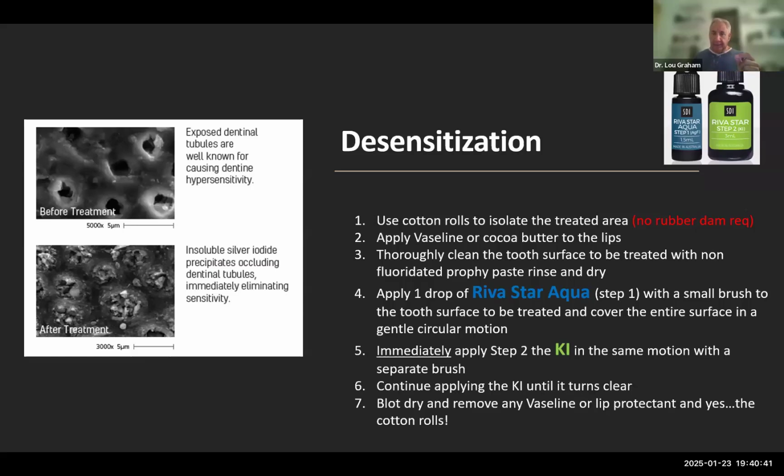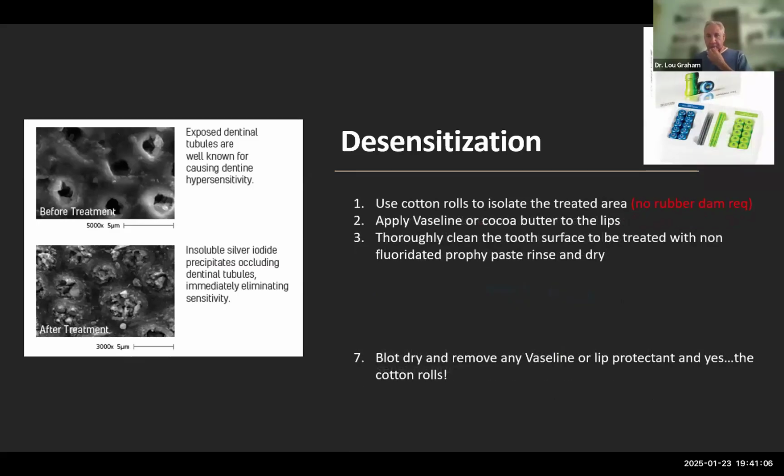The key is to keep applying potassium iodide, usually 15 or 20 seconds, maybe 30 max, until the solution is clear. Initially you have a little bit of a white opaquish appearance, and you just keep scrubbing, and it turns clear. Then you just blot dry. Obviously, you remove the cotton rolls.